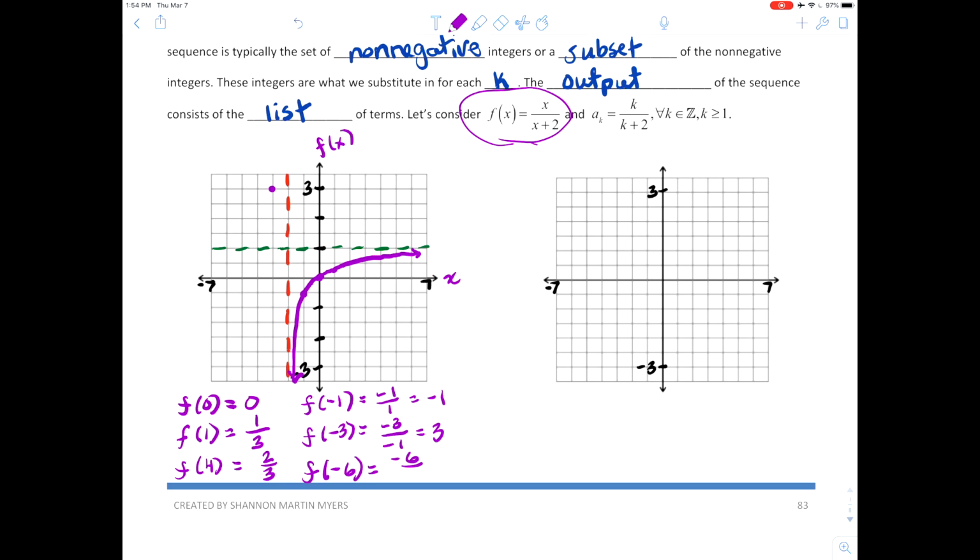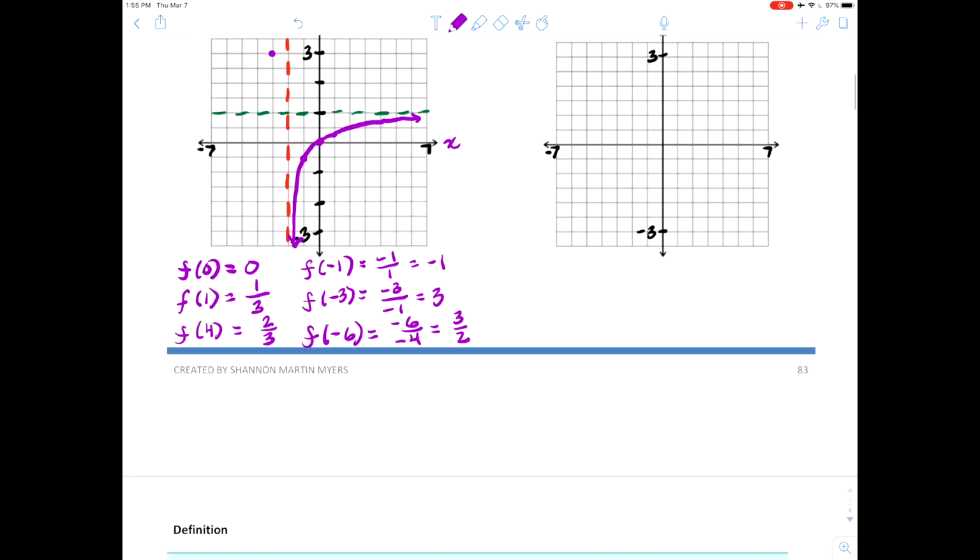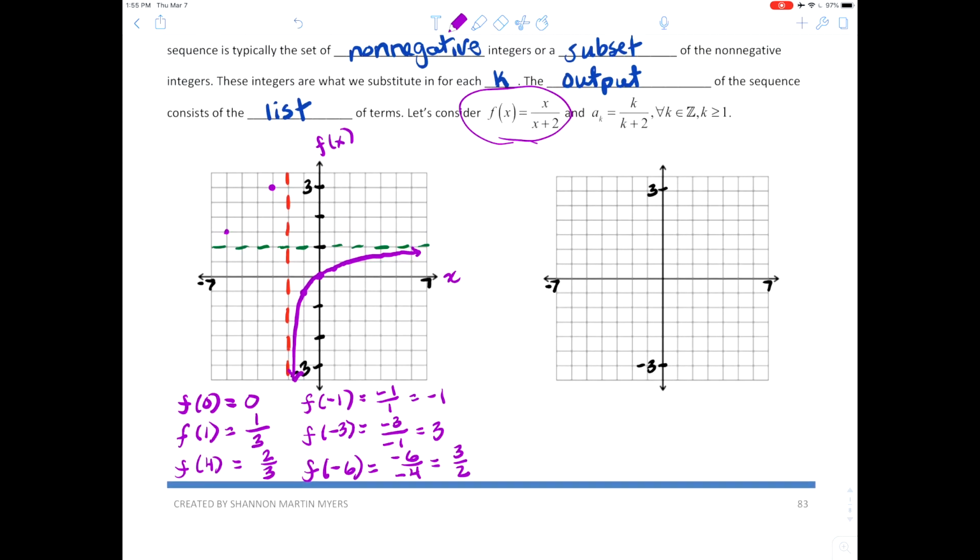Negative 6 plus 2, which is negative 4, which is positive 3/2 or 1.5. So going out to negative 6 and going to positive 1.5, we'll have a point here. So it'll look something along these lines. I'll go a little beyond the grid.